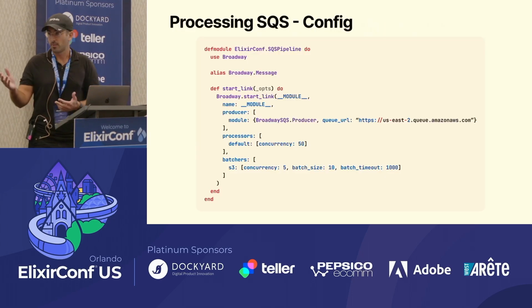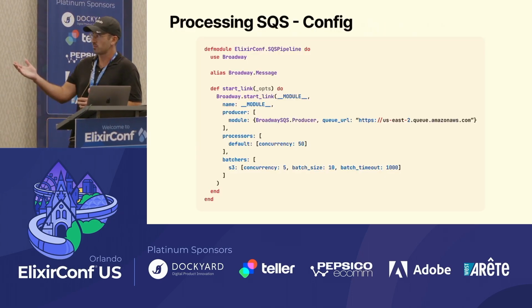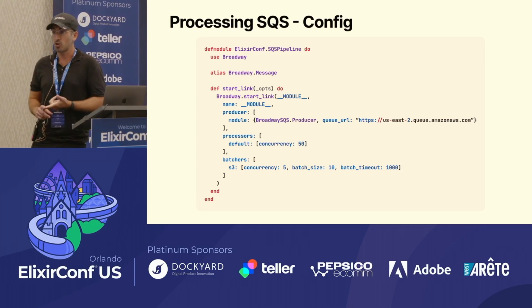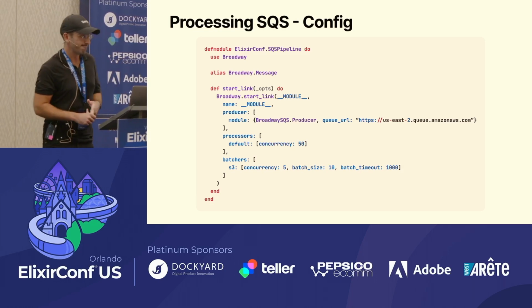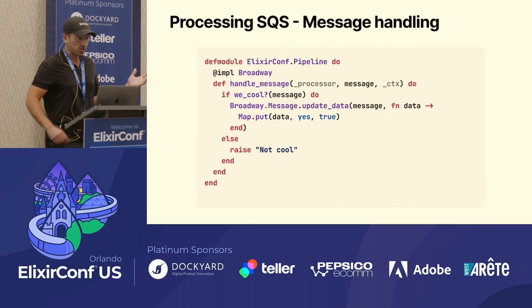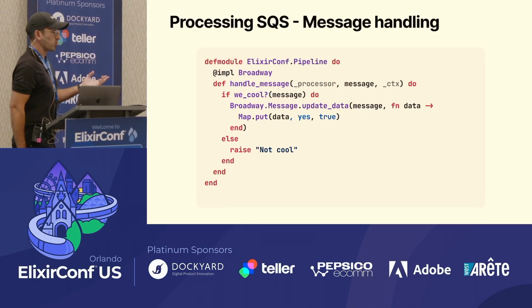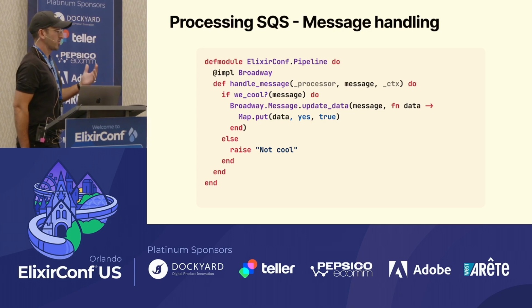I mean, a lot of you have experienced this. You just configure Broadway with some parameters about your SQS queue. Here's the queue URL, here's my API key. And then you write one function, which is the handle_message function, and this is what is invoked by your workers every time they have a new SQS message.